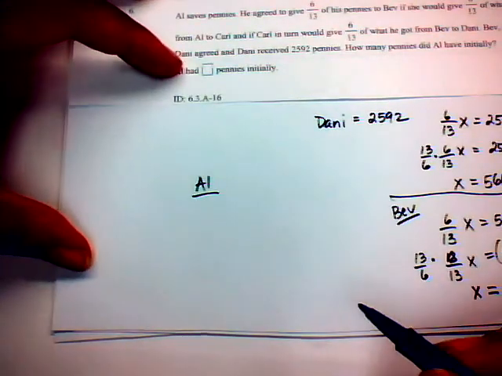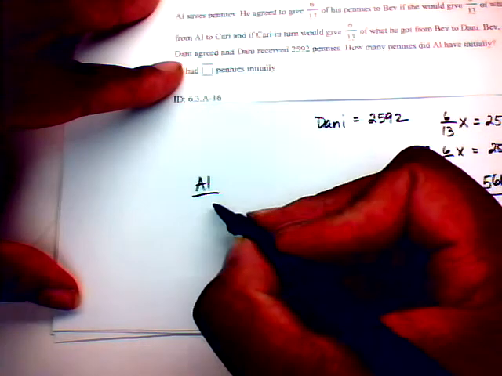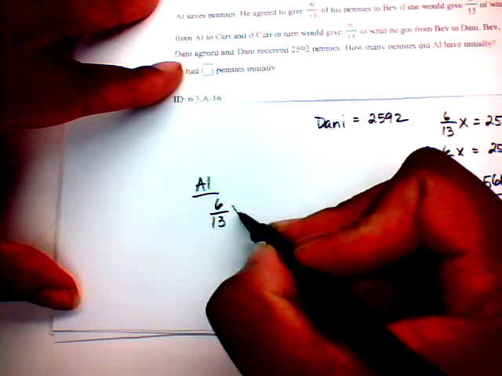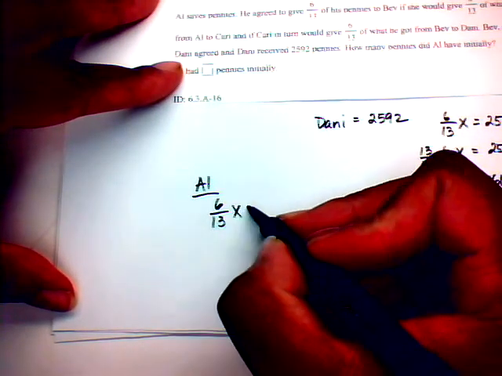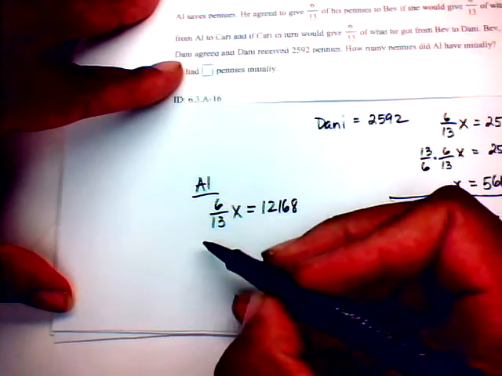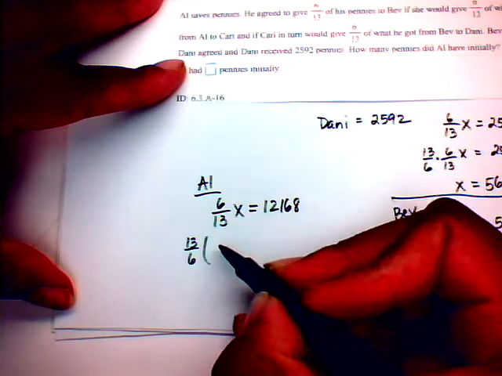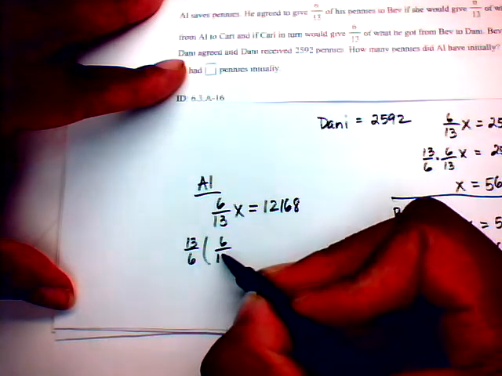Now finally we want to find out how many Al has, because he gave 6/13 of his pennies to Bev. And Bev has 12,168. So let's say 6/13 x is equal to 12,168. And then we're going to multiply by the reciprocal again, which is 13 over 6.